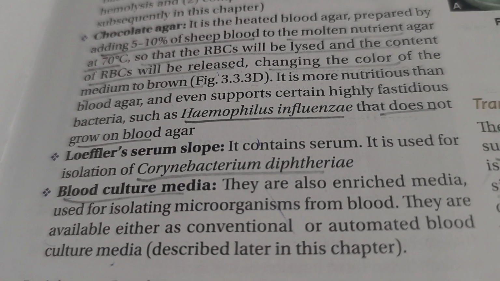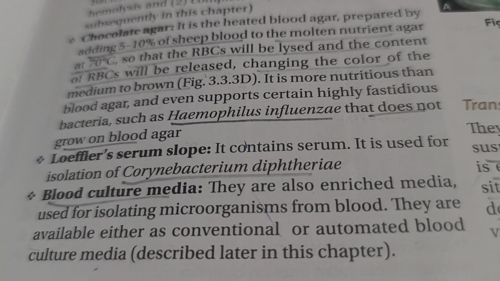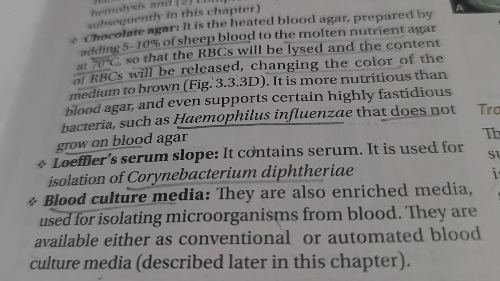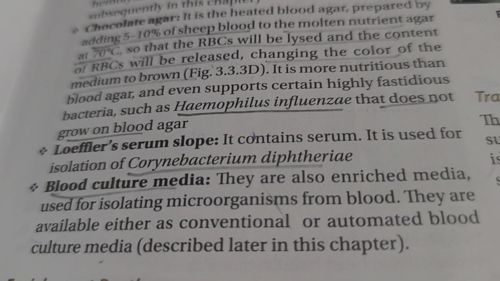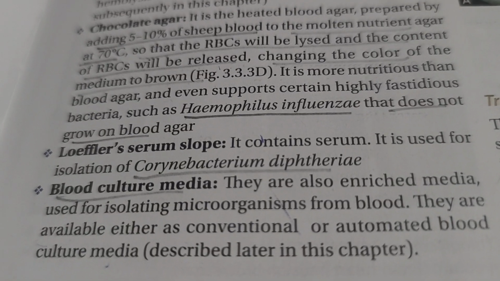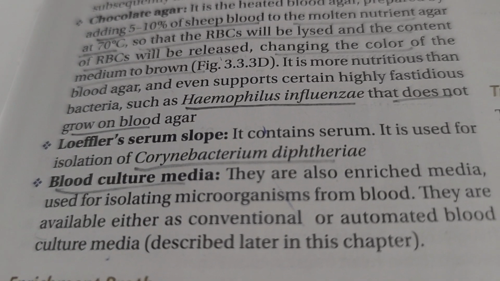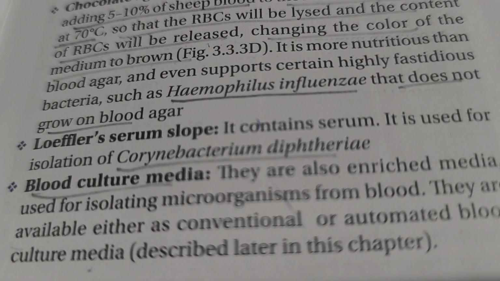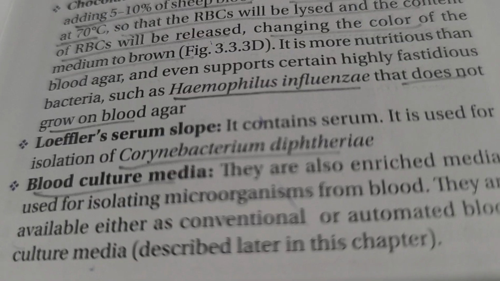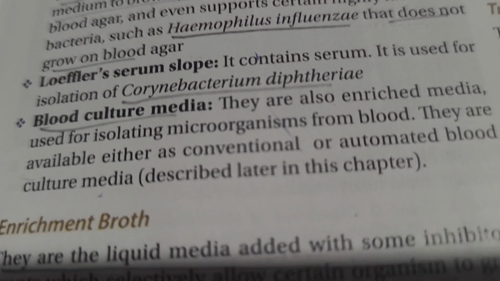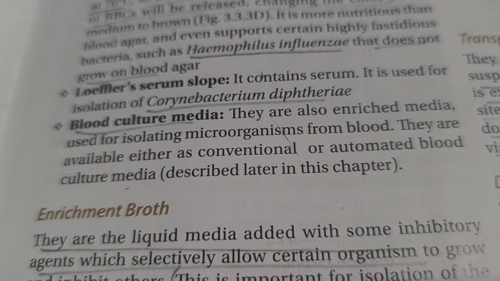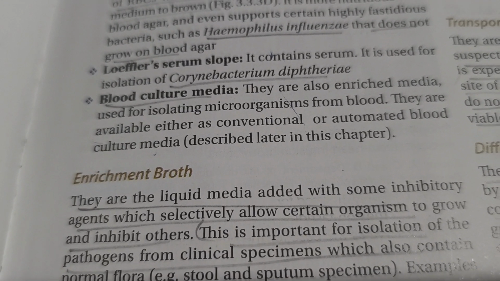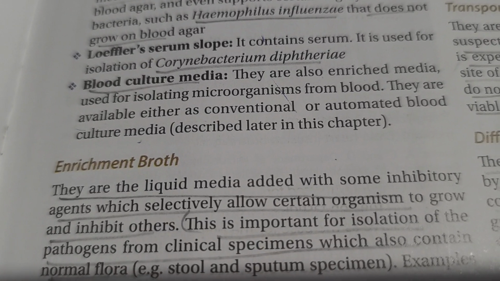Chocolate agar. It is heated blood agar prepared by adding 5 to 10% of sheep blood to the molten nutrient agar at 70 degrees Celsius so that RBCs can be lysed and the content of RBC will be released, changing the color of the medium to brown. It is more nutritious than the blood agar and even supports certain highly fastidious bacteria such as Haemophilus influenzae that does not grow in blood agar.